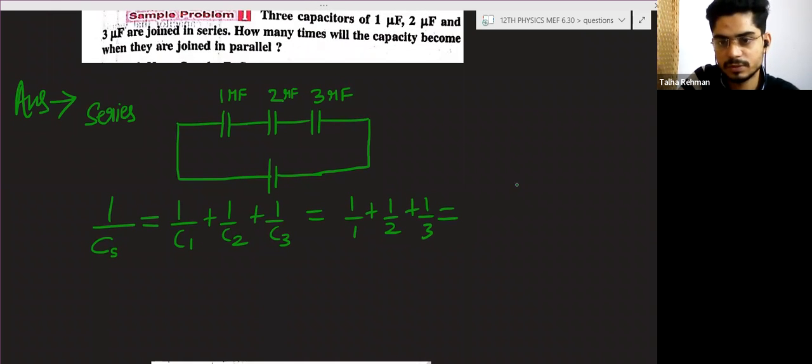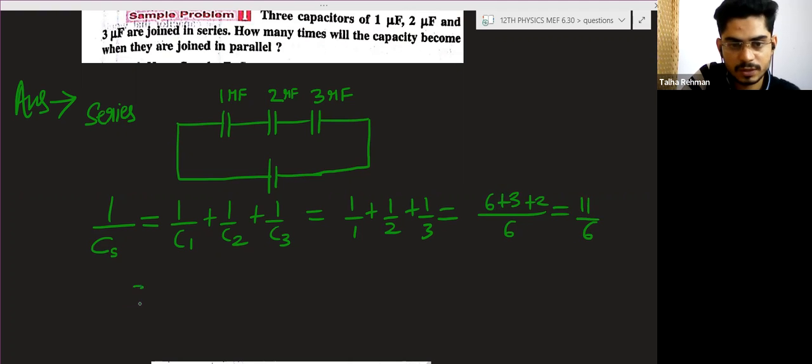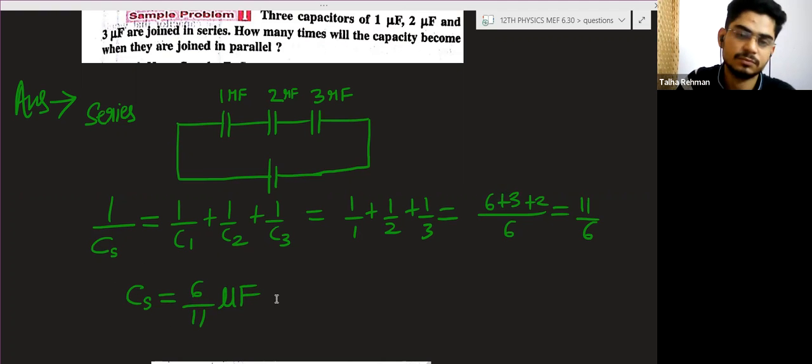The LCM is 6, so this will become 11 by 6. And if you calculate CS, this will become 6 by 11 microfarad.